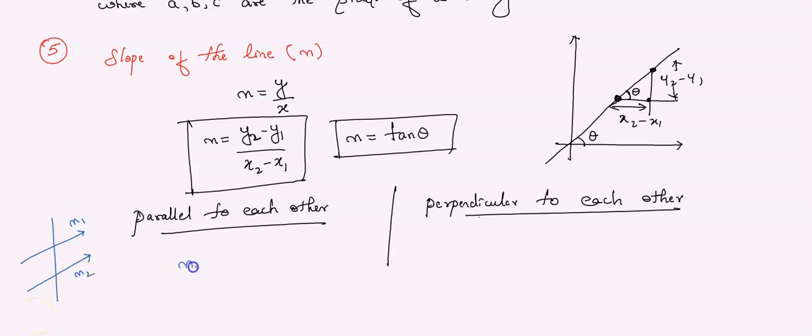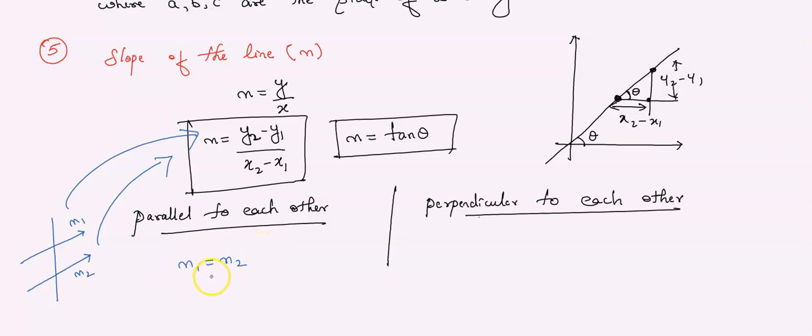Then we use the condition m1 equals m2. Find the slope of the first line by using y2 minus y1 by x2 minus x1. Again, find the slope of the second line by using the same formula. Then equate both sides, m1 equals m2. Substitute and you can get the result.